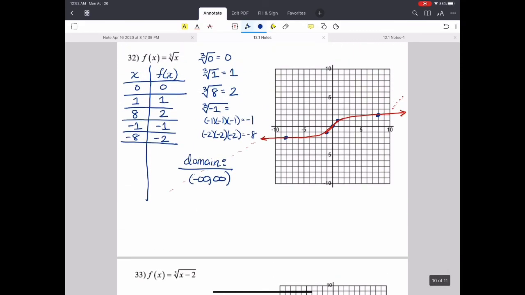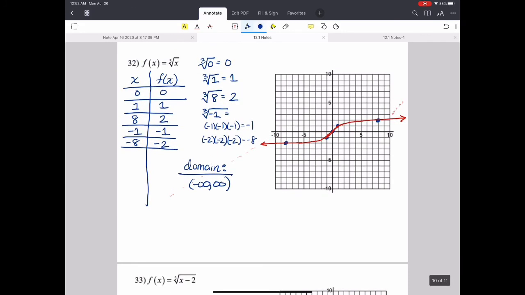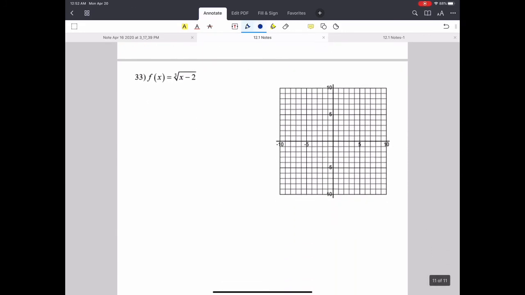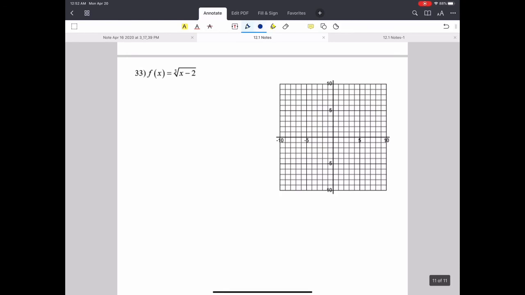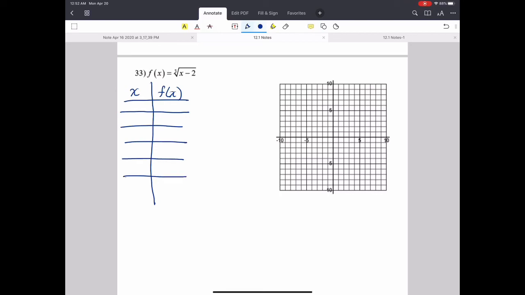Now this one, again, you might notice number 32 and number 33 look very similar to each other. And so you can probably expect there's going to be a shift to it. All right, let's say x is equal to 2.